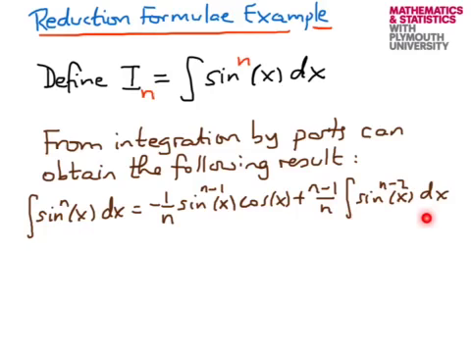So because that's exactly this integral with n replaced by n minus 2, it's very natural to call this I sub n minus 2. So I can actually write out this equation here.